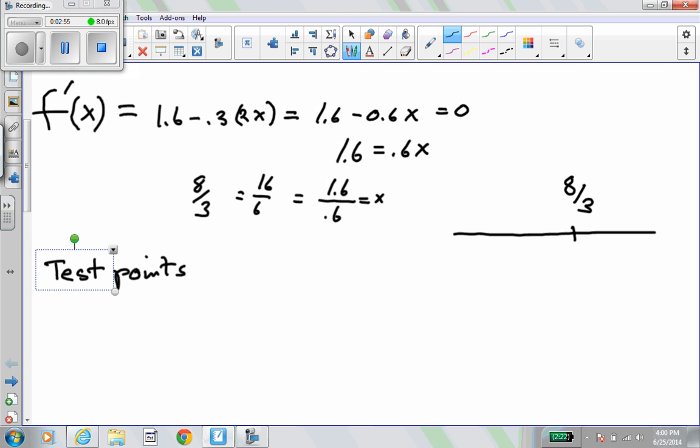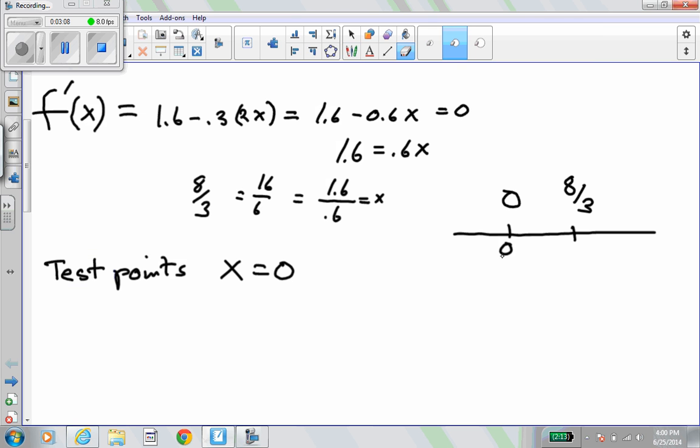Let's pick one to the left of 8/3, and I like 0. 0 would be over here. That's our x. We'll write our f prime values here.